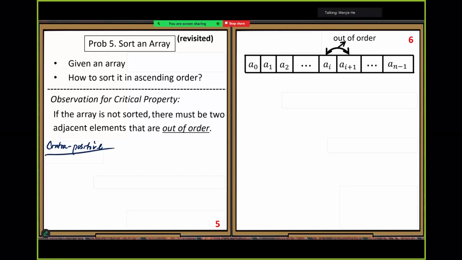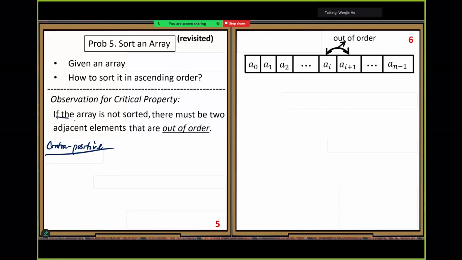In order to show this statement is true, you negate the conclusion.